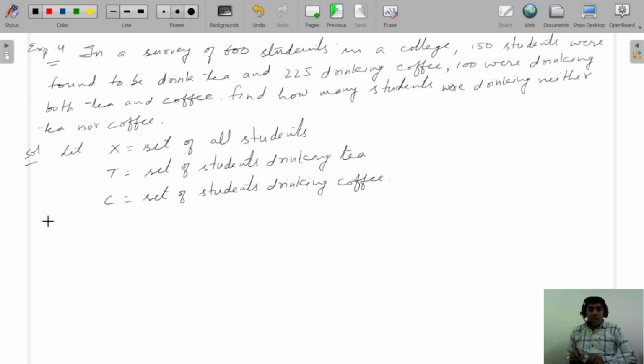Then according to the given question, n of X is equal to 600, the total number of students, n of T, the number of students drinking tea, is equal to 150, n of C, the number of students drinking coffee, is equal to 225, and n of T intersection C, the number of students drinking tea as well as coffee, is equal to 100.